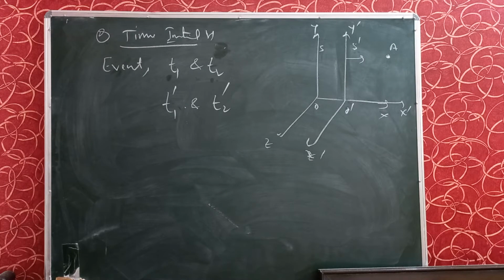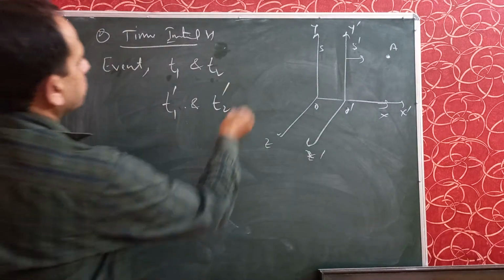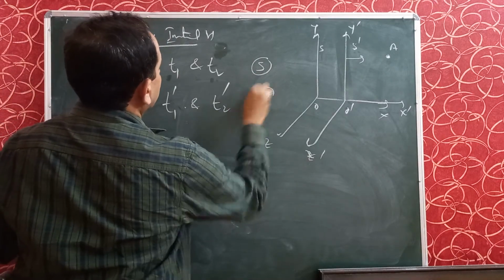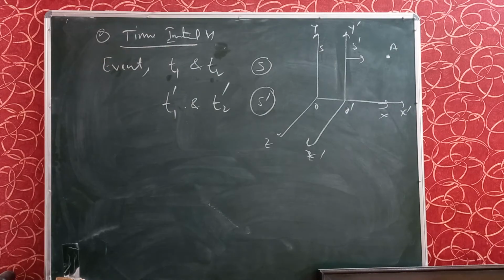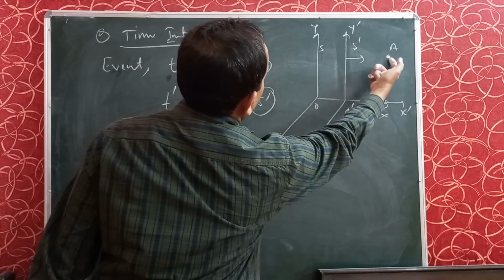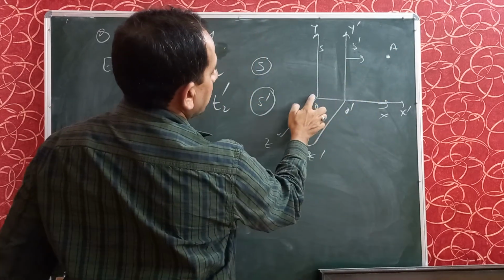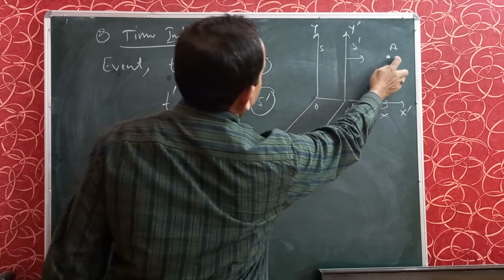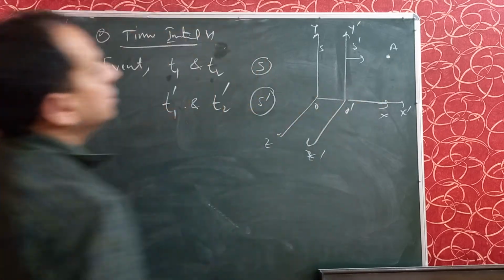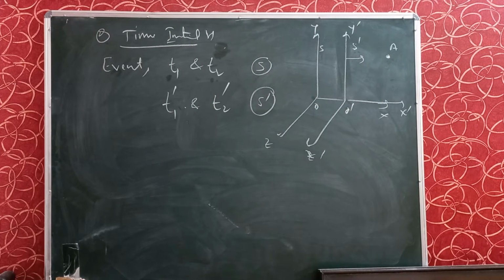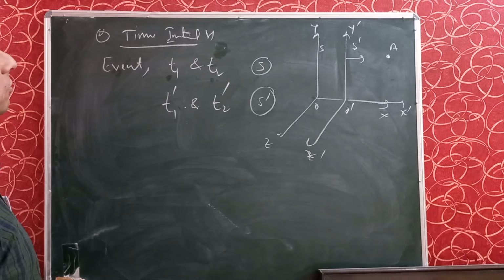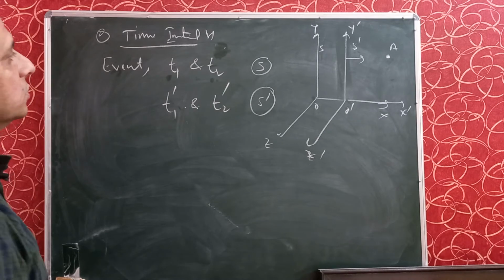The same event is observed by the S frame and by the S dash frame. The same event is measured by the person sitting at O, and by the observer sitting at O dash. This is called a different observer, or the same event observed by different frames.